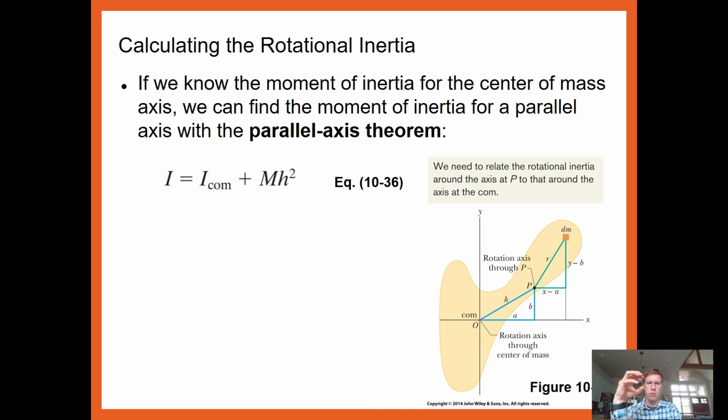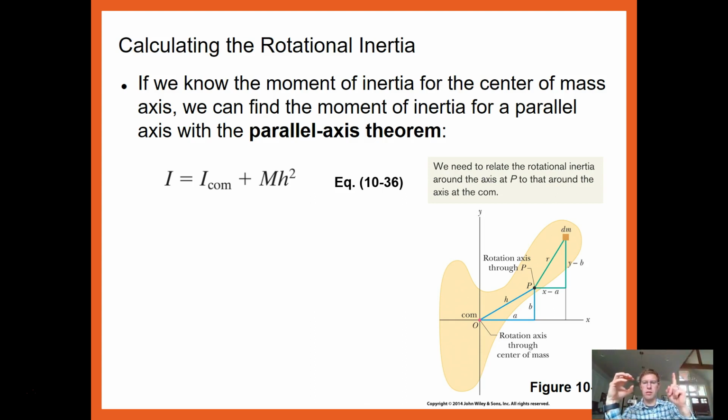Okay? Now, if I'm going to take that same ball and have its axis be over here and rotate it around the axis like this, now its moment of inertia is going to be 2/5 mr squared, where r is still the radius of my ball here, plus m, the mass of my object, times h squared, where h is the distance from this axis to the center of my ball right here.